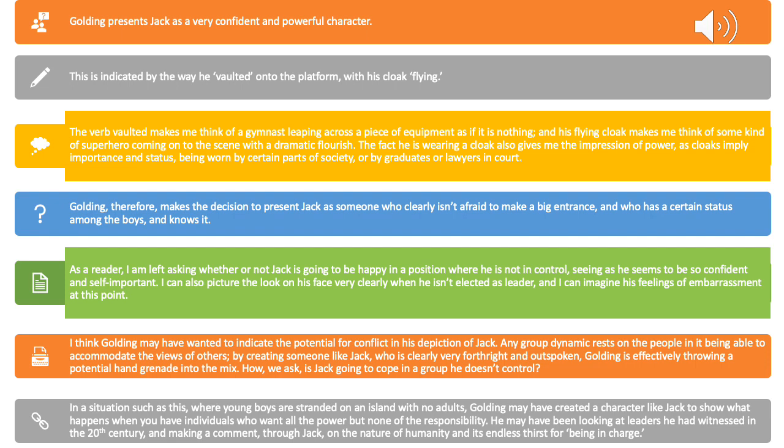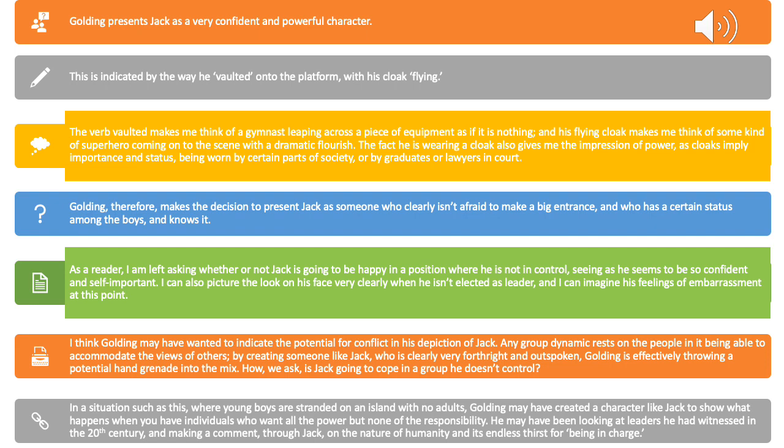The fact he's wearing a cloak also gives me the impression of power, as cloaks imply importance and status, being worn by certain parts of society or by graduates or lawyers in court. Now that's very specific to me, and this is how it should be. The connotations and impressions you get from a word will be unique to you. That's what I was saying in the other video, and that's fine.